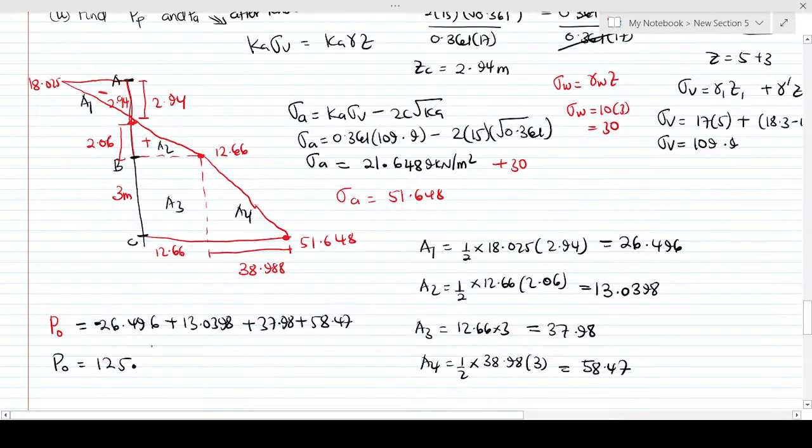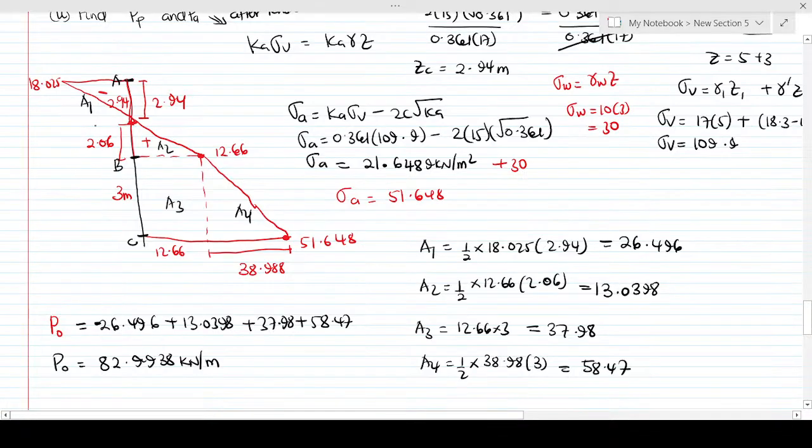Okay, I'm going to get 82.9938 kilonewton per meter. That's before the tension crack.